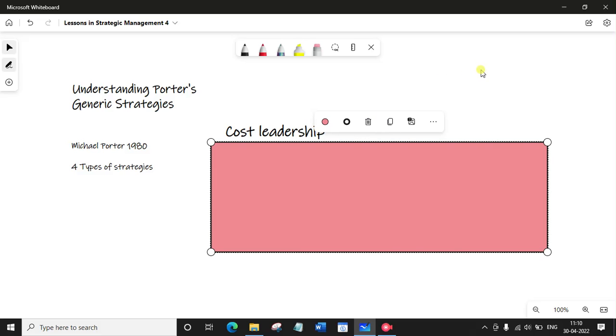A cost leadership strategy is where you sell your products or services at a much lower price or a cheaper price than your competitors. And logically, because they're getting the same thing but at a cheaper price, customers will flock to you.